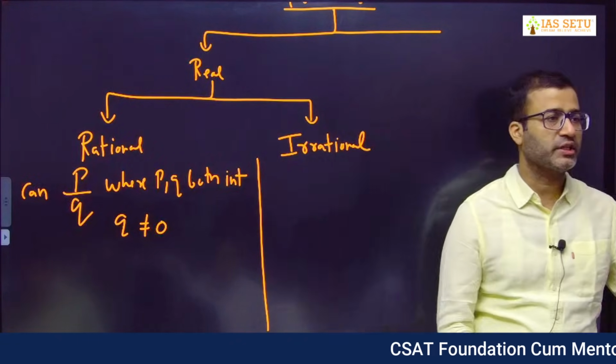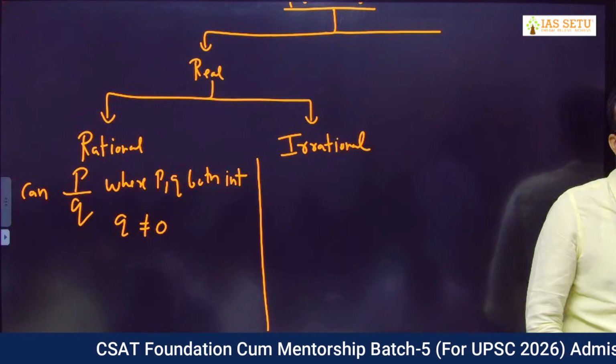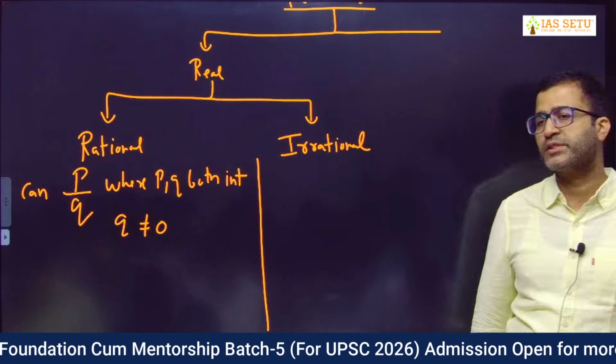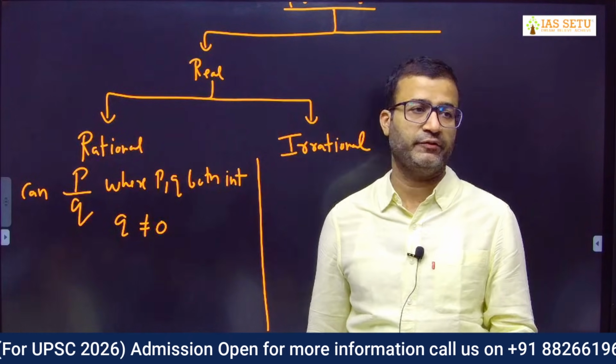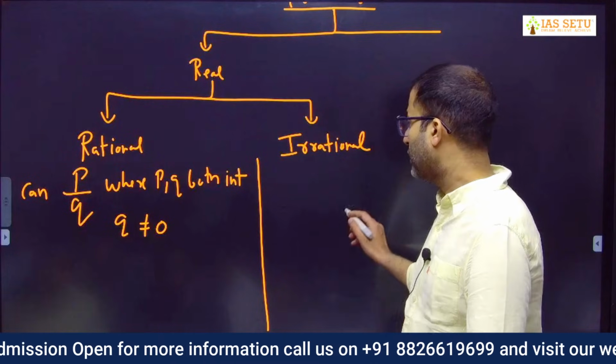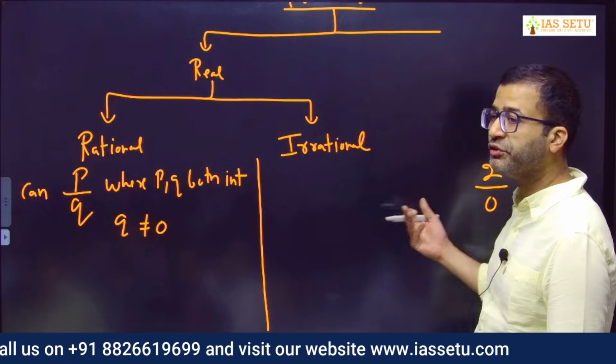Denominator cannot be 0. Numerator can be any integer value, but denominator cannot be 0. Why? Because the moment denominator is 0, it becomes infinity, which we can't define. Like here, if it is 2/0, it is equal to infinity, which we can't define.